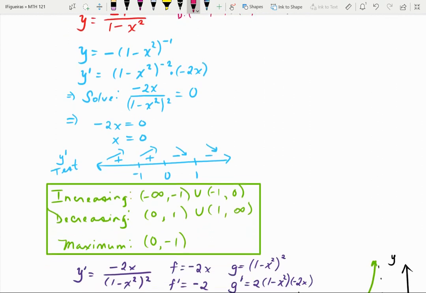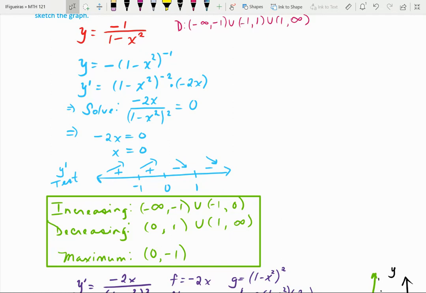And so this time we're going to have to pick 4 different test points, because there are 4 intervals. So I pick a number less than -1, and again, it doesn't matter what you pick, but suppose I pick -2. If I take -2 and plug it in here, my numerator turns positive, and my denominator is always positive no matter what.